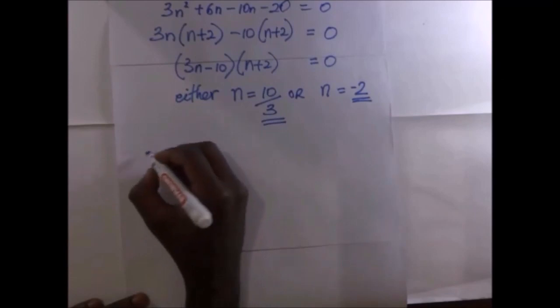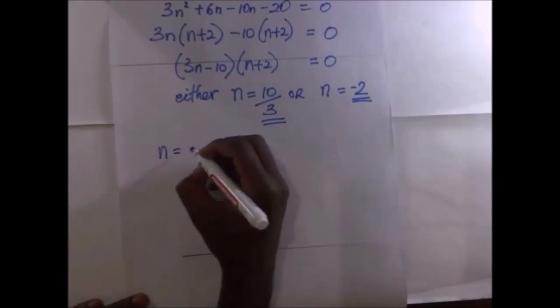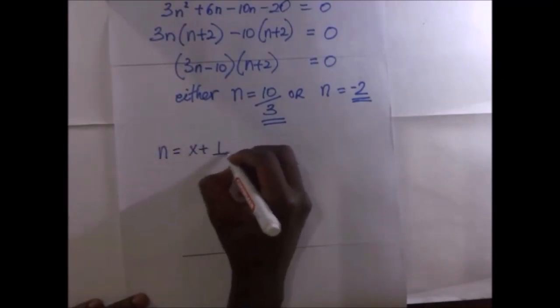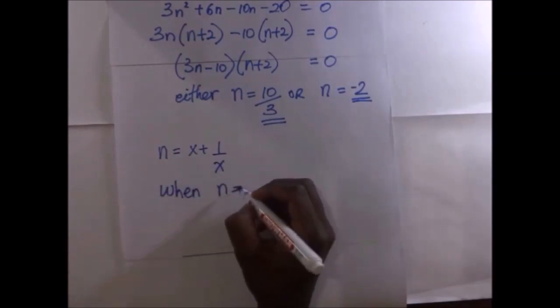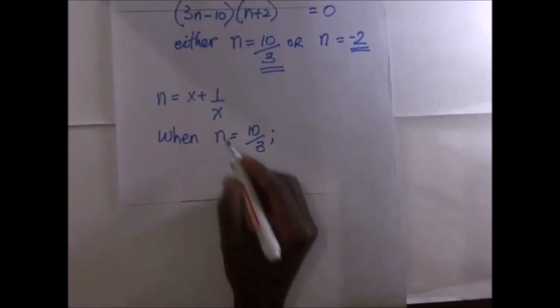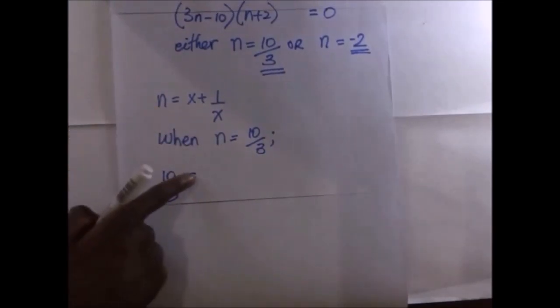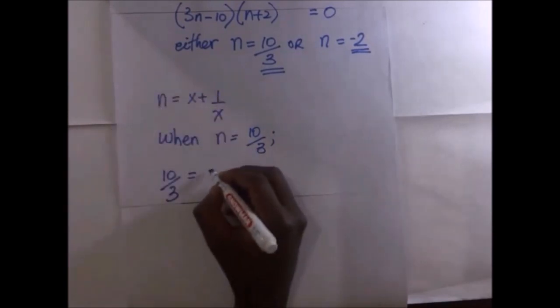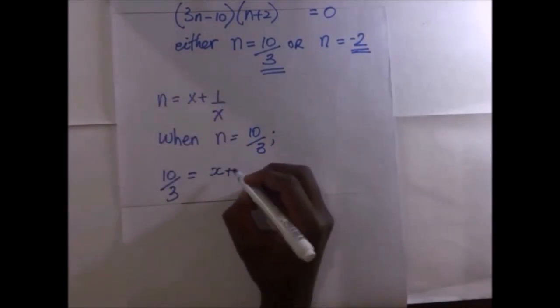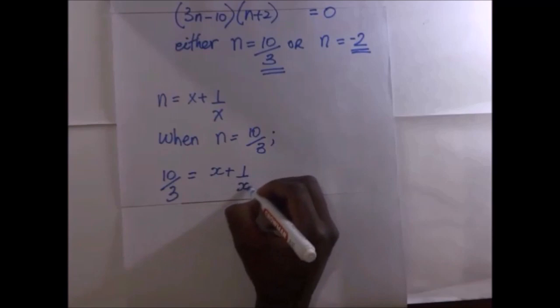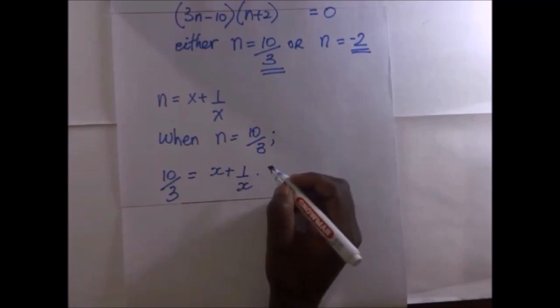From our previous workings, we know that n is going to be equal to x plus 1 over x. So n is 10 over 3, so 10 over 3 is going to be equal to x plus 1 over x. So we solve for the value of x.